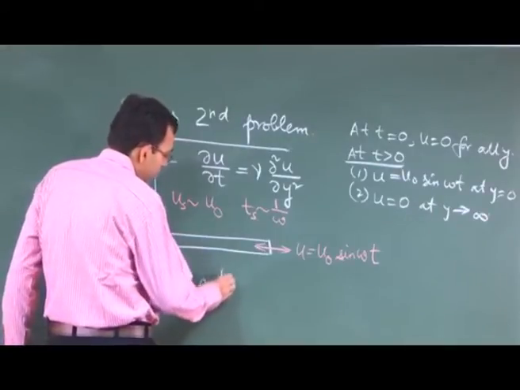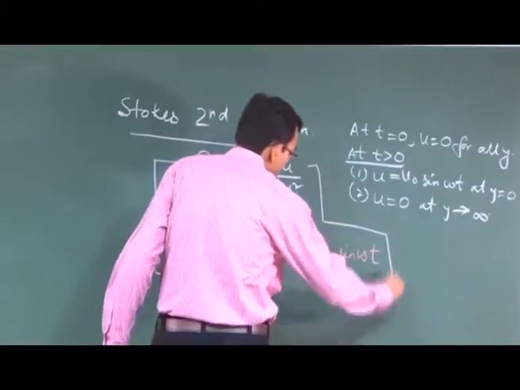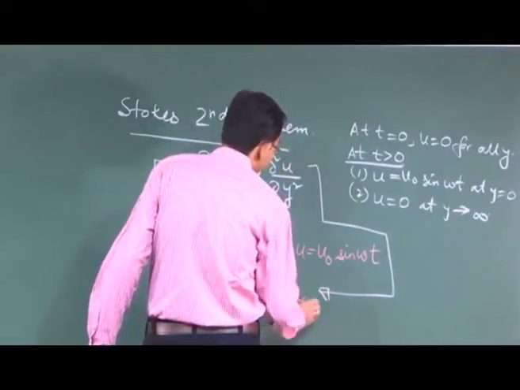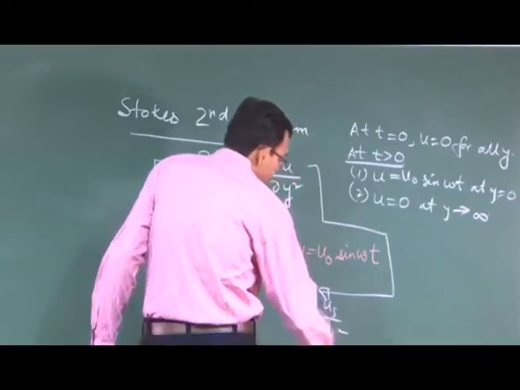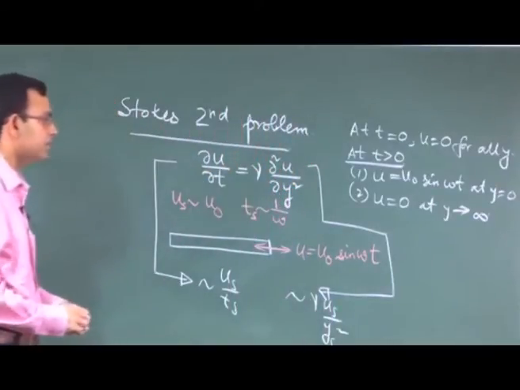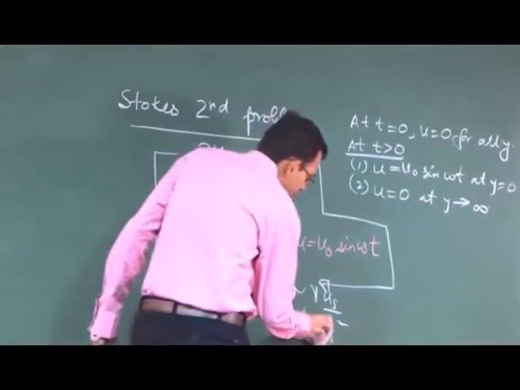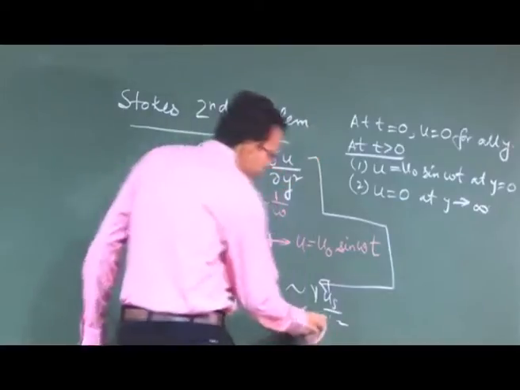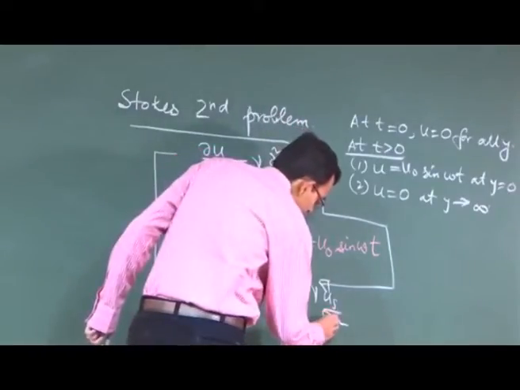The scaling of the first term is Us by Ts, and the scaling of the second term is nu Us by Ys squared. Ys is the so-called delta in the previous problem, or let us write delta to maintain parity with the notation we have been using so far.